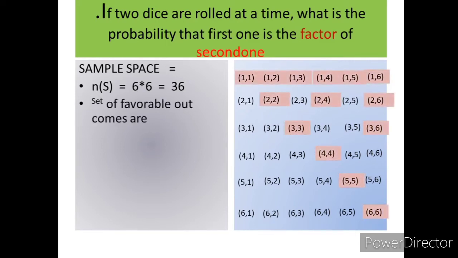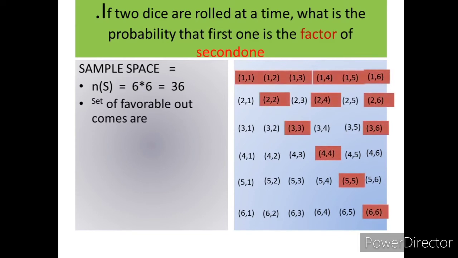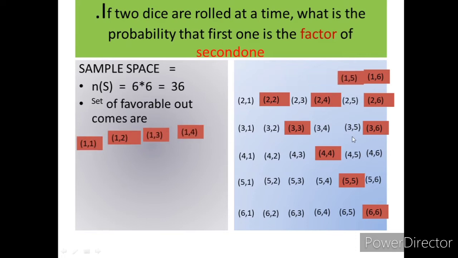Yes, you see, these are all colored: 1 comma 1, 1 comma 2, 1 comma 3. Why? Because 1 is a factor of every number. That's why you will get all the outcomes which have 1 in the first place. But we don't take this one because here 1 is in the second place. Therefore, write down all these favorable outcomes here.